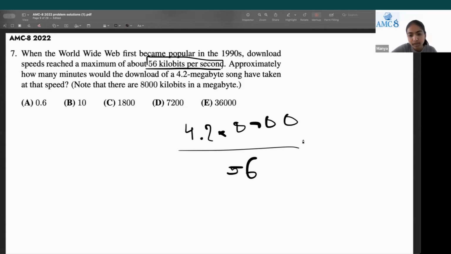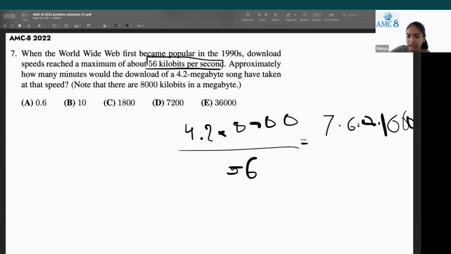So if we would solve this, I'll write this right here. We would be getting 7 times 0.6, or we can just write 7 times 6 times 8 times 100 instead of 1000 because we would have to multiply the 0.6.